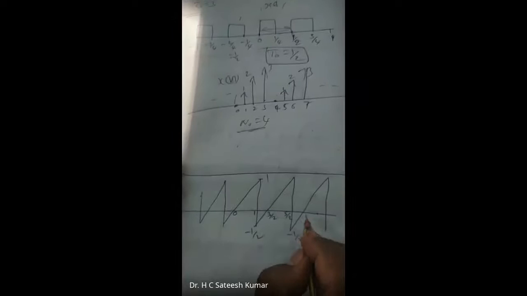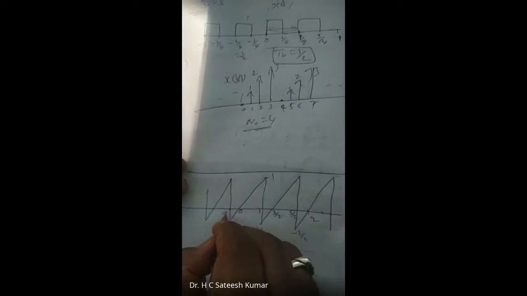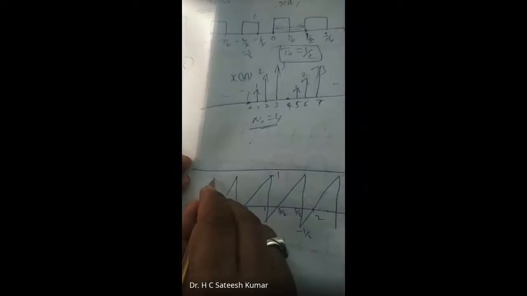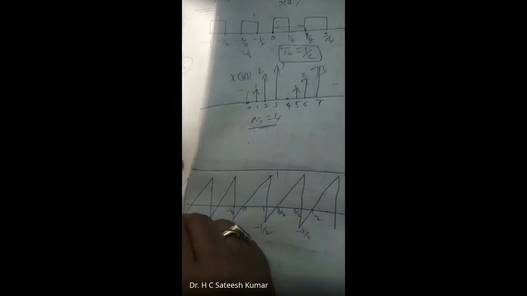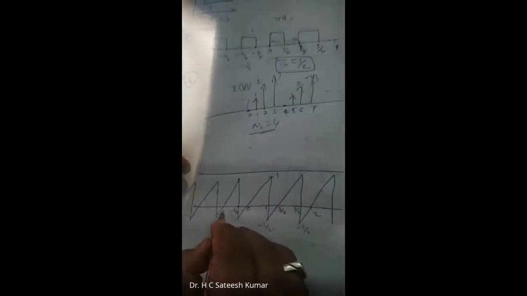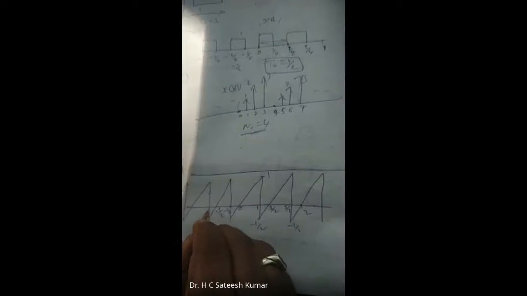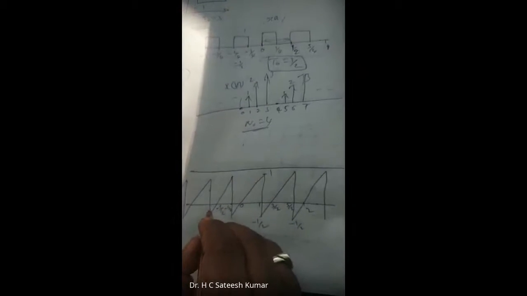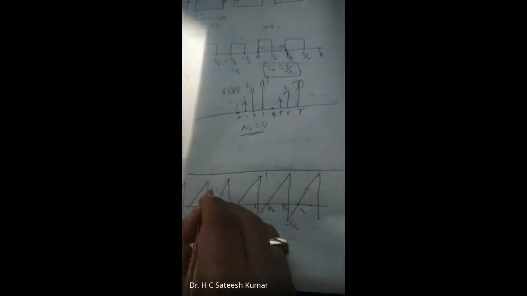And 5 by 2 plus half is, this is 2. 0 minus half. Minus 3 by 2, minus 3 by 2 minus half, that is minus 2, minus 3, like that it will go on.